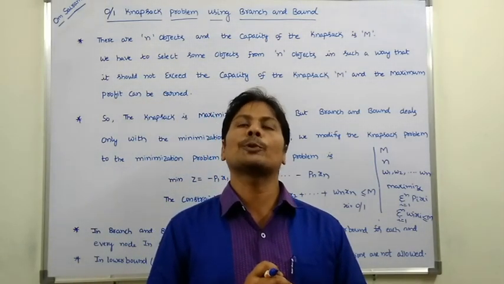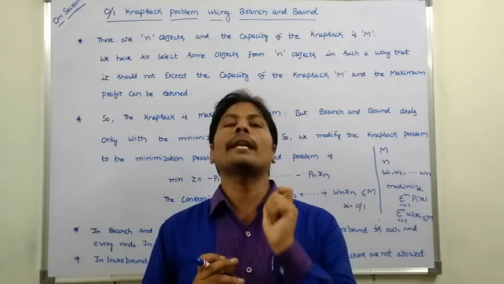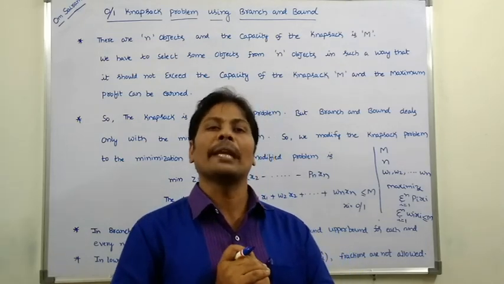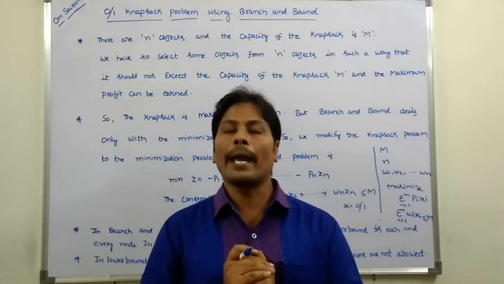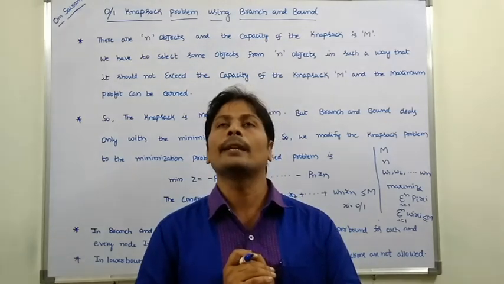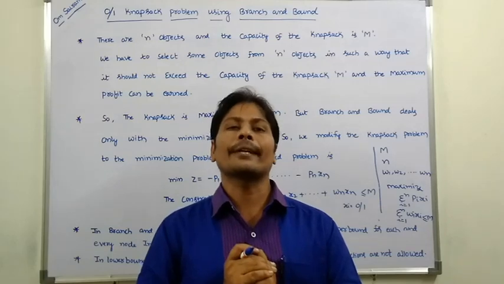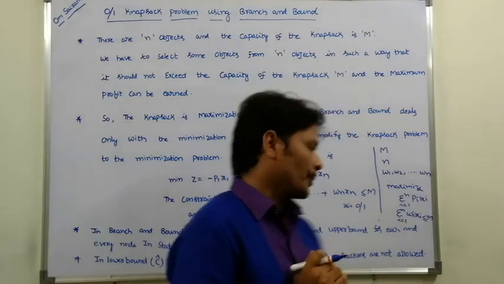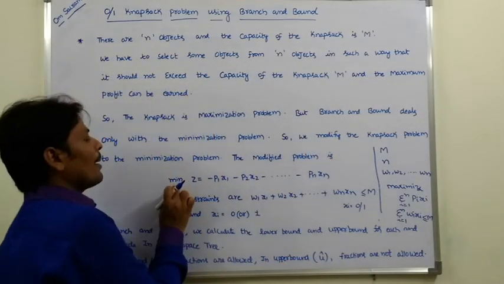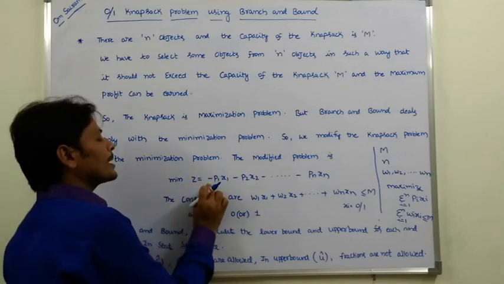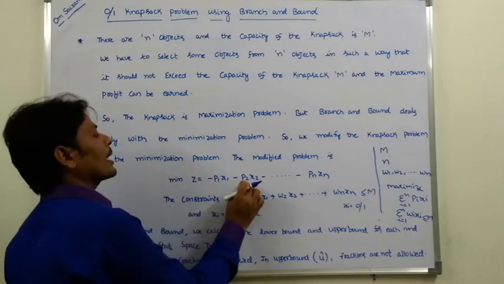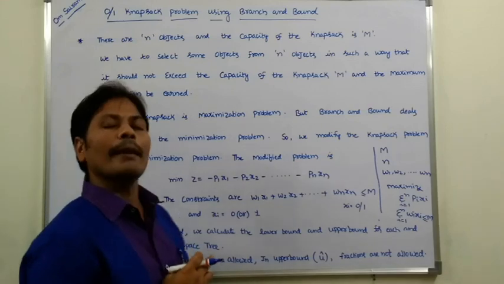So we have to modify the given knapsack problem into a minimization problem by putting a negative sign before the profit of each and every object. Then the minimum of z is equal to minus p1x1 minus p2x2 up to minus pnxn.